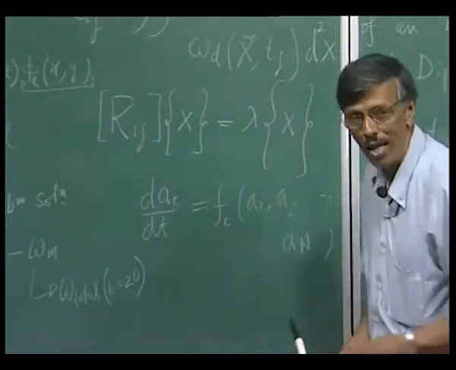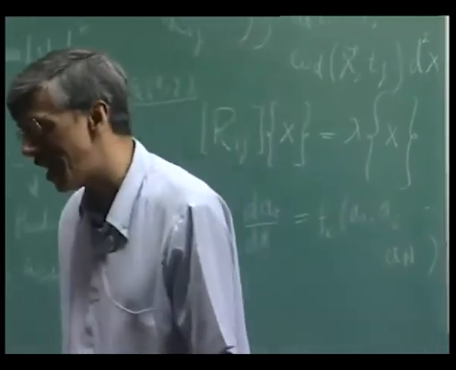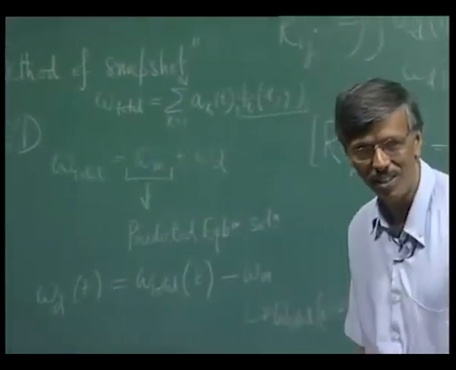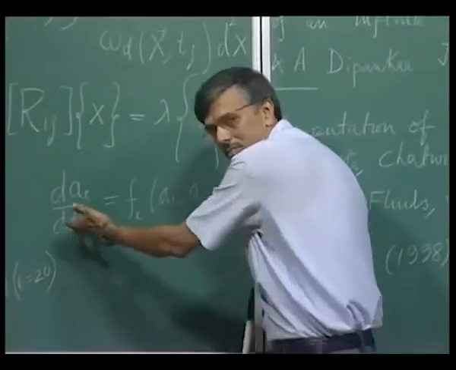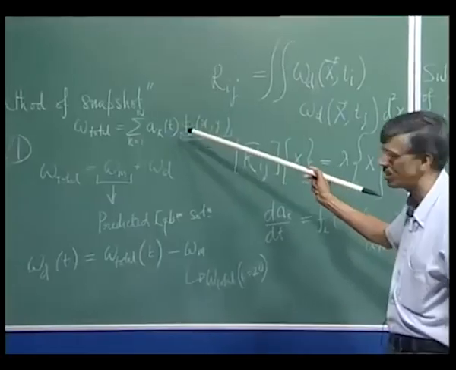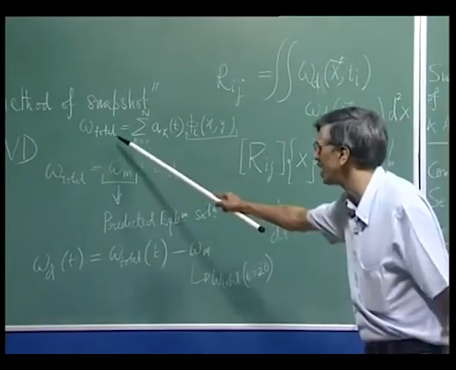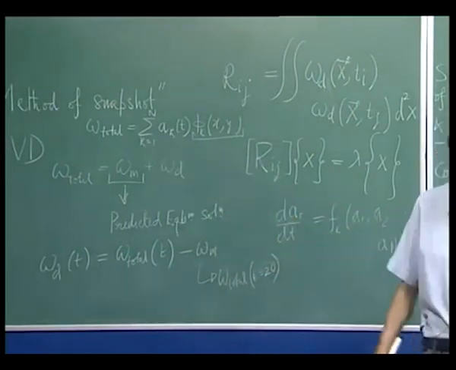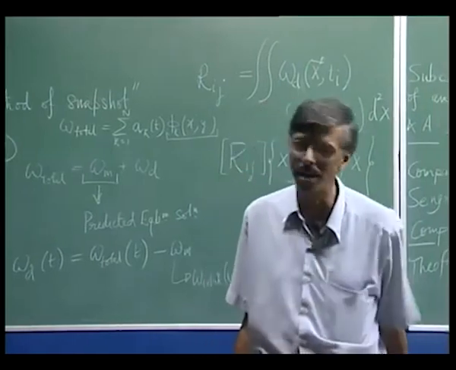We do not know, and they tried to obtain it from the Navier-Stokes equation, and in trying to obtain it from the Navier-Stokes equation, a lot of limiting assumptions have gone in, and in the process people have lost track of how good this evolution equation is. But if you look at the way that we are talking about here, this is entirely different. We know this exactly. We have a very good description of phi, then we can get Ak as a function of time, and we can plot it, and we can see new classes of modes.